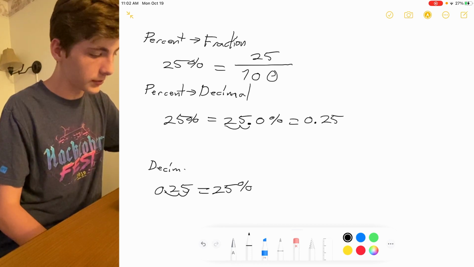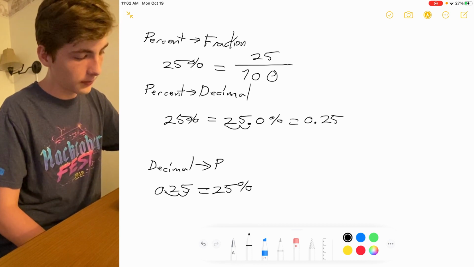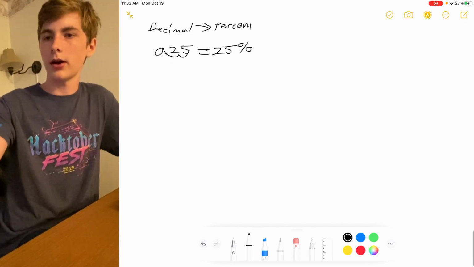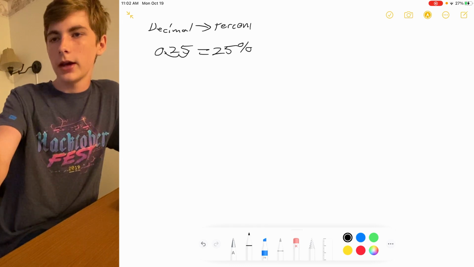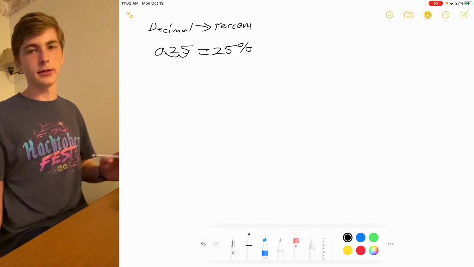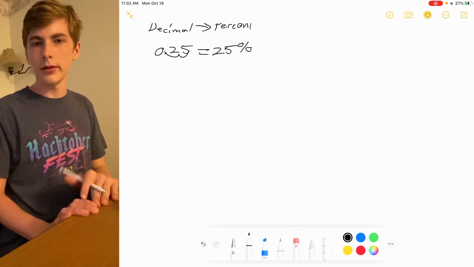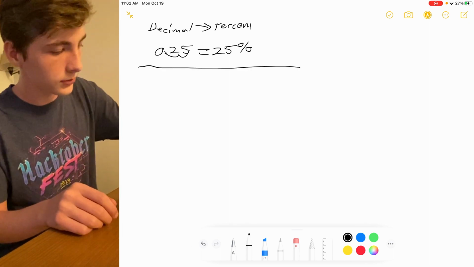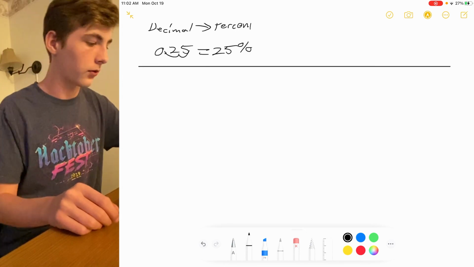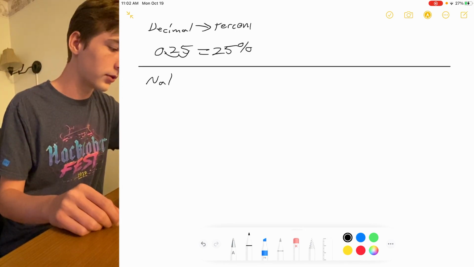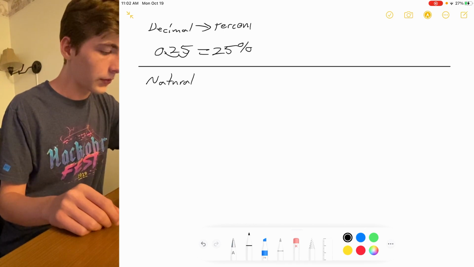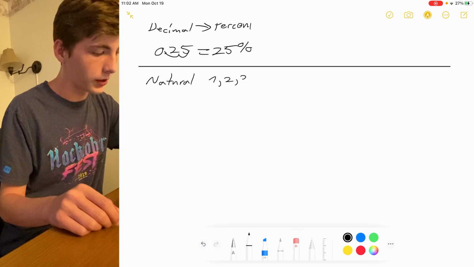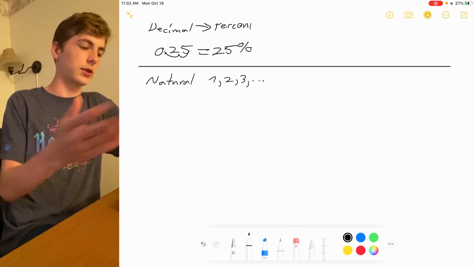So now, I'm just labeling this, almost there. Now we're going to talk about what happens now that we've talked about fractions and decimals. What does that mean for the numbers we work with? Because in the integers video, we talked about how we have the natural numbers, that was 1, 2, 3, the counting numbers.